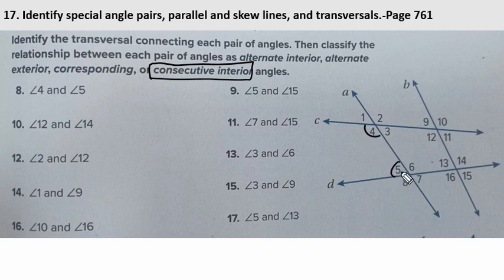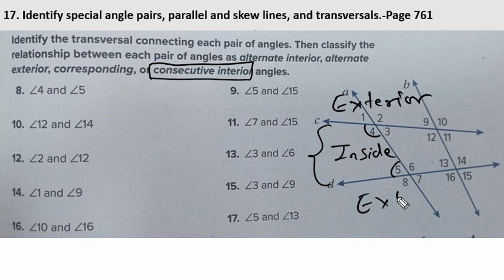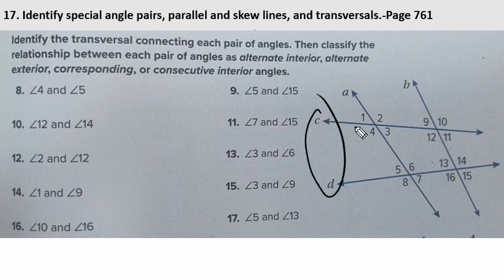Because they are on the same side and inside. This is your inside and this is your outside, or you call it exterior. That is for lines C and D. If this is the transversal, which is not mentioned here, that's why we will take 4 and 5 as consecutive interior angles, right?